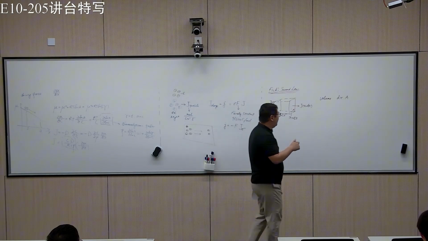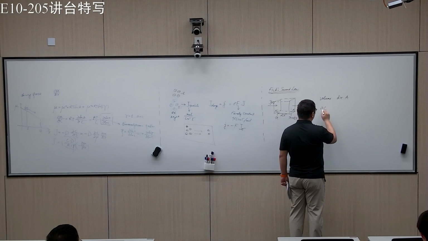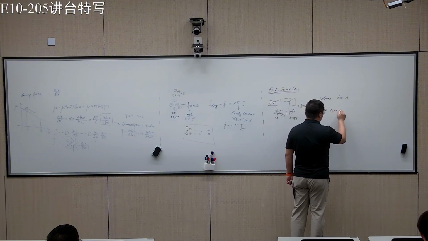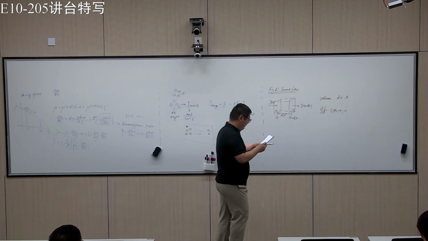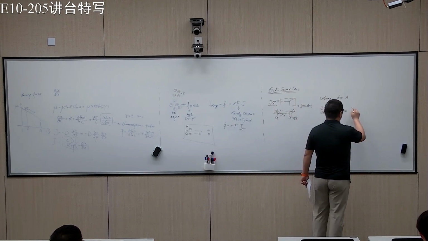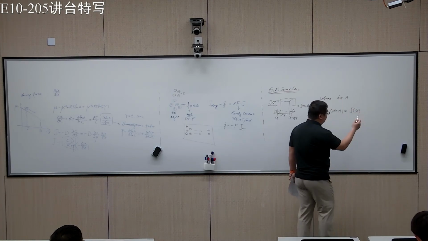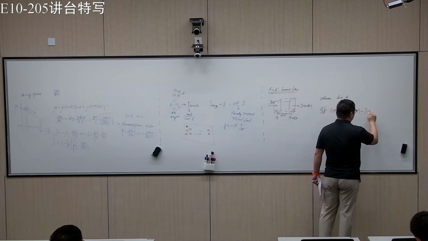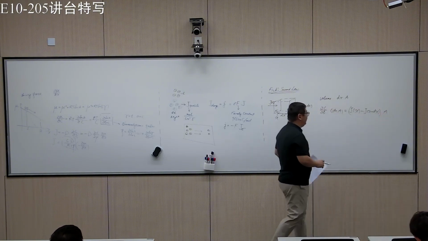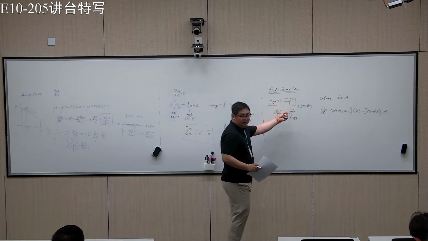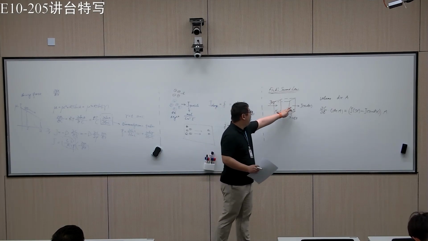So the change of the concentration times the volume should be the flux going into the volume minus the flux going out of the volume, times the area of the plate.